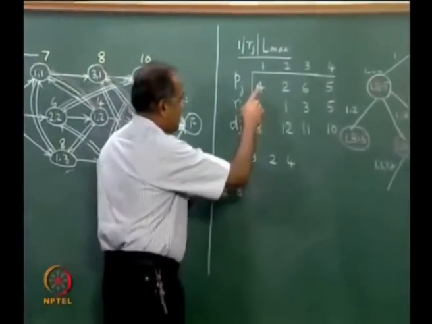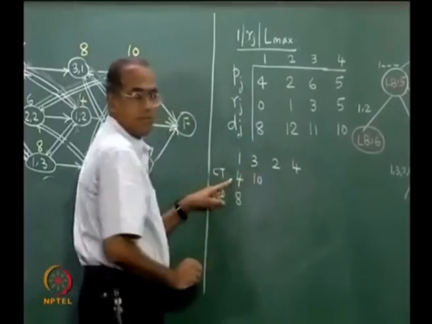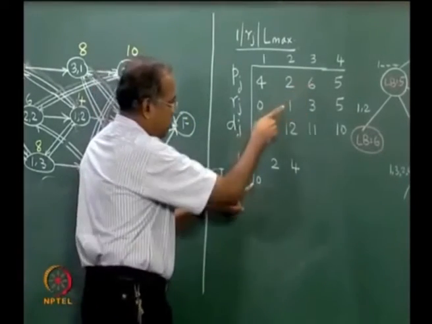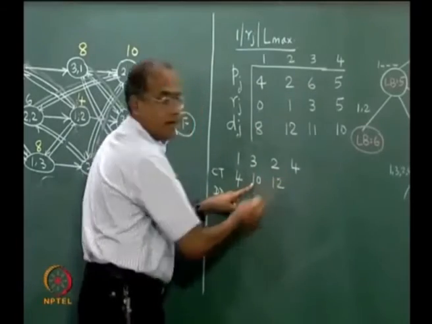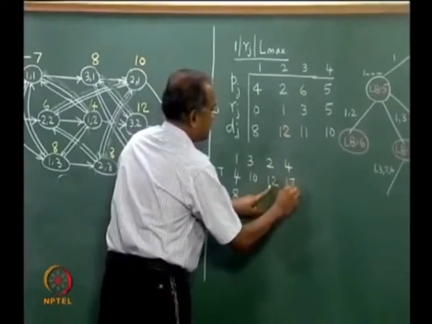So, for job 1 the completion time is 4, 3 is available, 4 plus 6 is 10, at 10 job 2 is available, 10 plus 2 is 12, and at 12 job 4 is available, 12 plus 5 is 17.